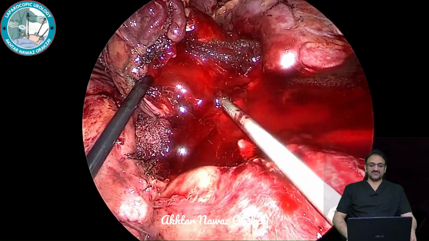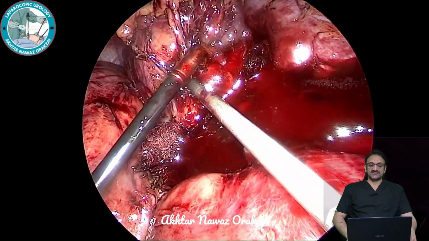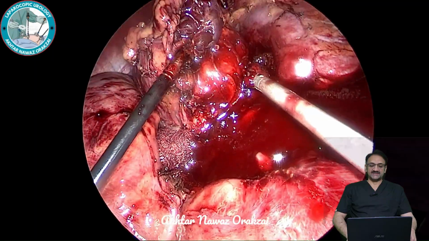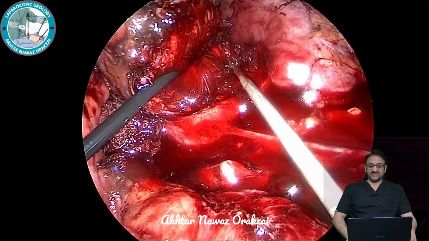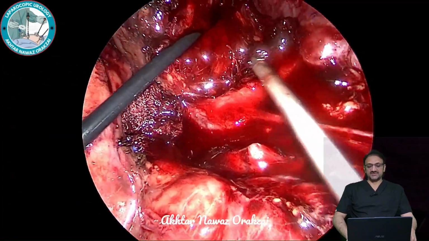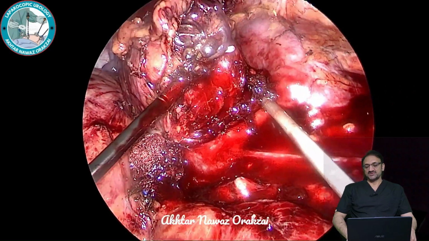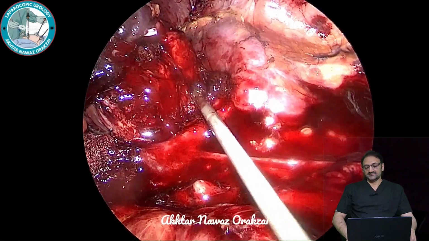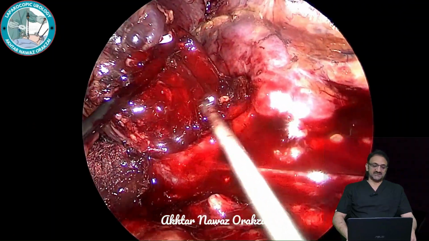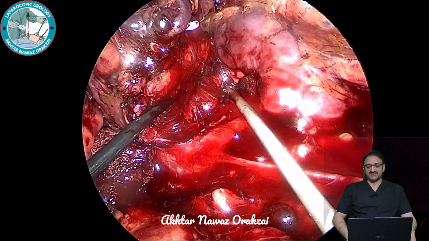that there is a lot of ooze as I'm dissecting away the adrenal gland from the kidney without any coagulation, because using a monopolar or a bipolar or even a ligation may lead to an inadvertent injury to the main renal artery.